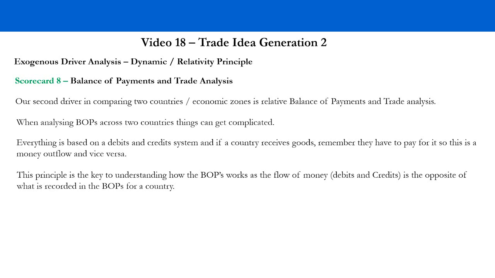And the best place to start, really to start building this out, is to start understanding how the debits and credits system works for a balance of payments. So let's look at the basics. Everything in balance of payments is based on a debits and credits system.